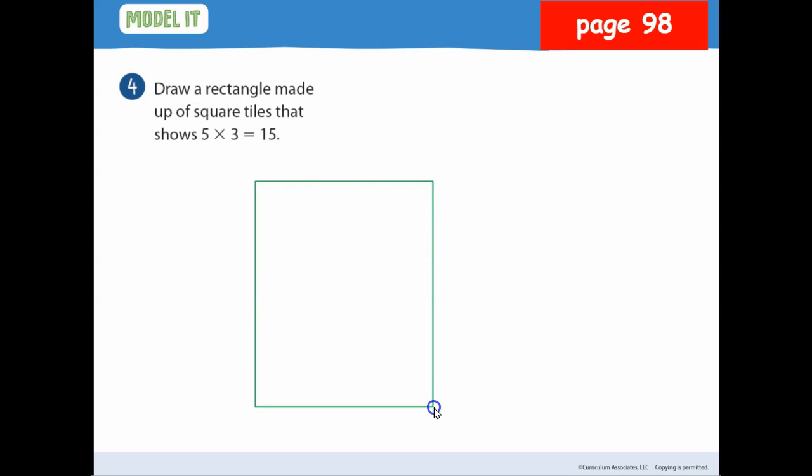So the first number tells me what? 5 what? Well, I don't need groups here because I can't draw groups when I have a rectangle. Rows. And the way I draw rows, look, I actually just need 4 lines.